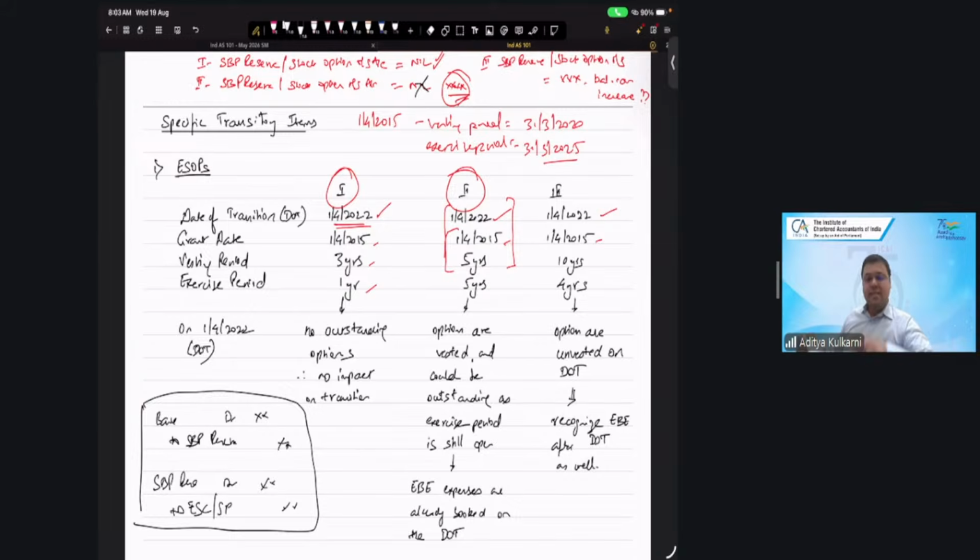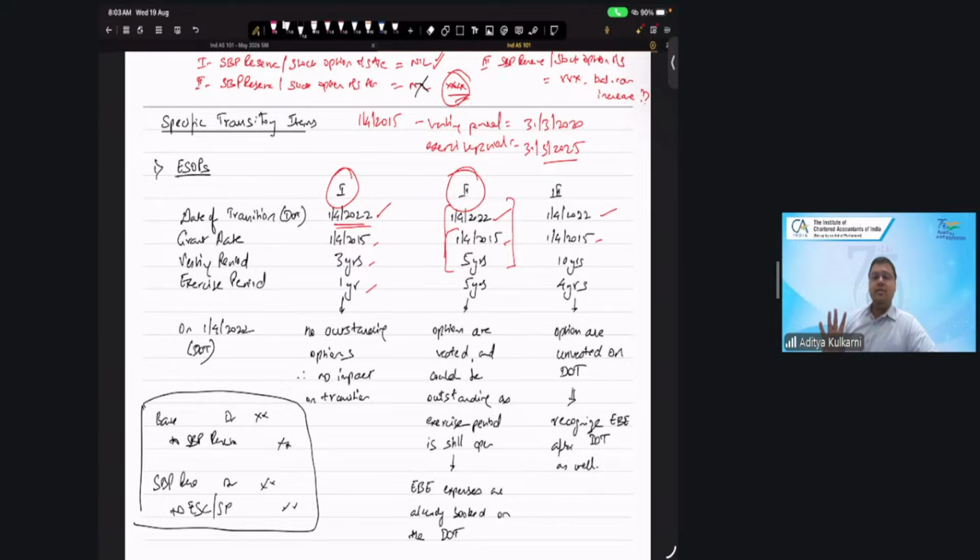Now tell me, in these two entries, is there a P&L impact, or is there only a balance sheet to balance sheet impact? What do you say? Only a balance sheet impact. P&L will not be affected.